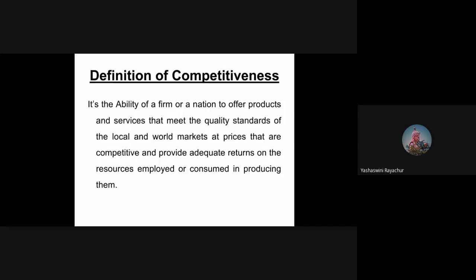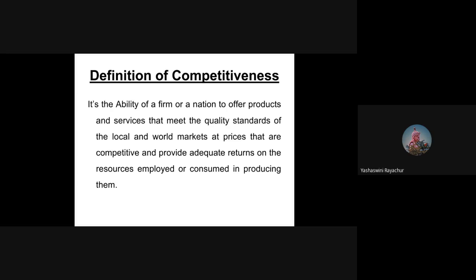Okay, now before we go through what is competitiveness with respect to compensation, there's a general definition that any business people can understand and which is required. Now, what is the definition of competitiveness with respect to business?